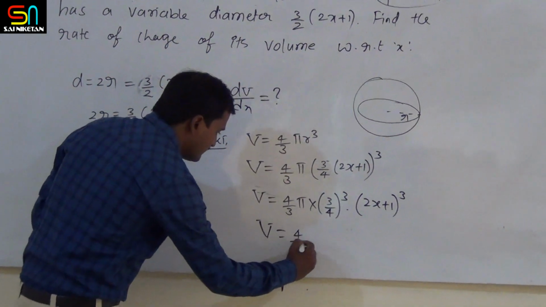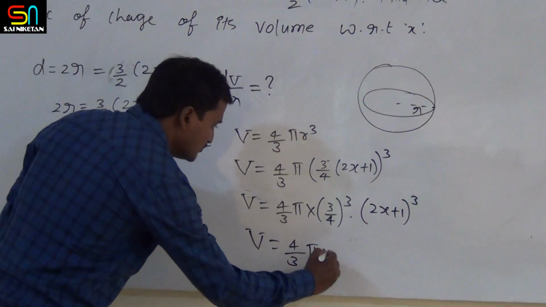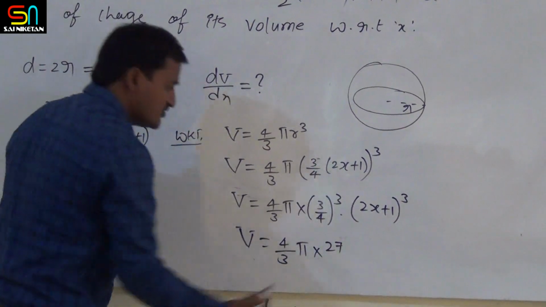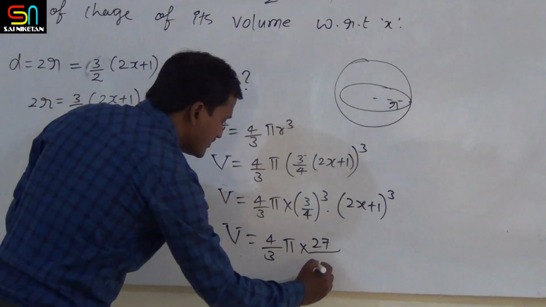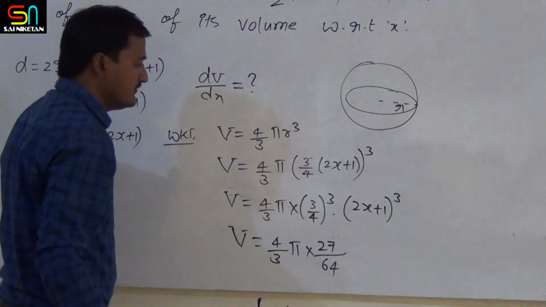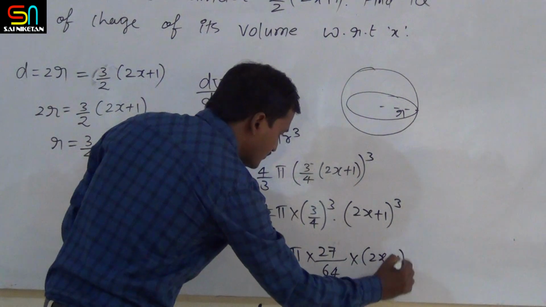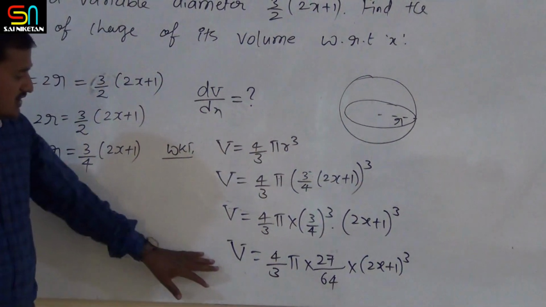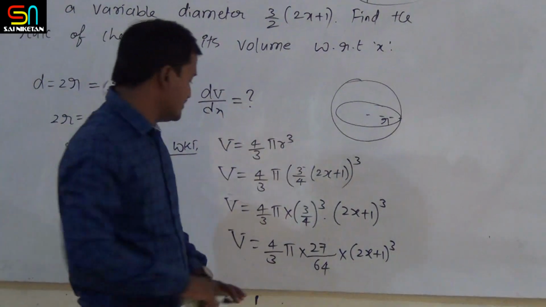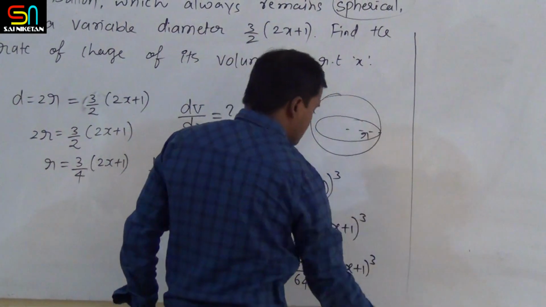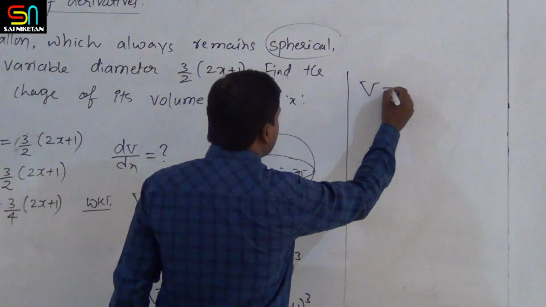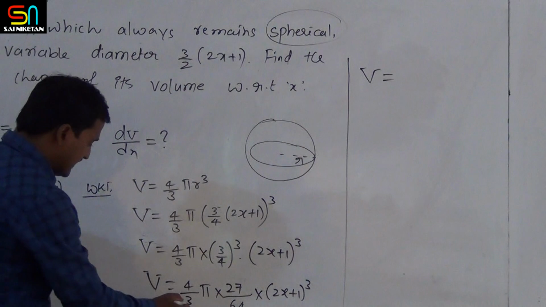So again here it is 4 by 3 pi into 3 cube, which is nothing but 27, divided by 64 into 2x plus 1 whole cube. Before differentiating this, first we should simplify the volume. So I will cancel the terms.